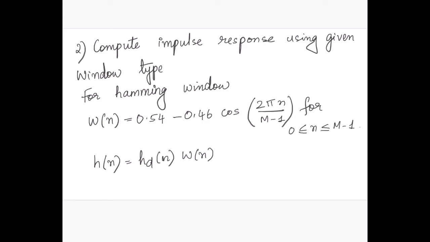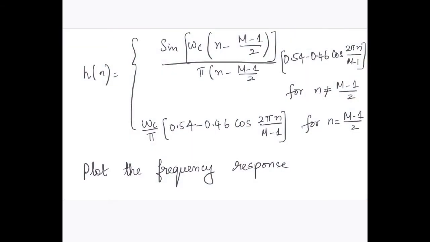When using the window technique, it is equivalent to convolving the given impulse response with the window function. For the filter, the impulse response function is given as sine of omega c into n minus (m minus 1) by 2, divided by pi into n minus (m minus 1) by 2, multiplied by 0.54 minus 0.46 into cos of 2 pi n, that is the window function.